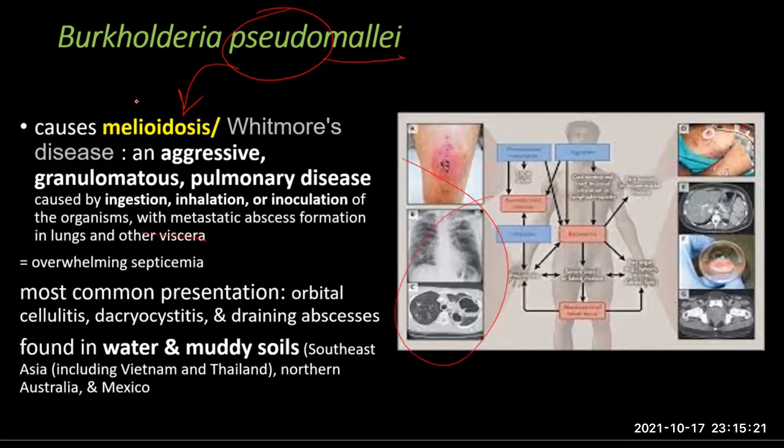The presence of this disease always correlates with an overwhelming septicemia, so it's deadly. The most common presentation would be orbital cellulitis, dacryocystitis, and draining abscesses in the skin. This one is found in water and muddy soils, common in Southeast Asia, including Vietnam and Thailand, in Northern Australia, and Mexico.